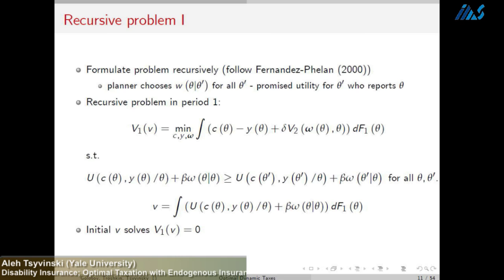This is the amount of resources spent on providing insurance today, and this is the cost from tomorrow on. Again, we have to keep track of the whole function omega of theta here. All right, so this is sort of easy for now.